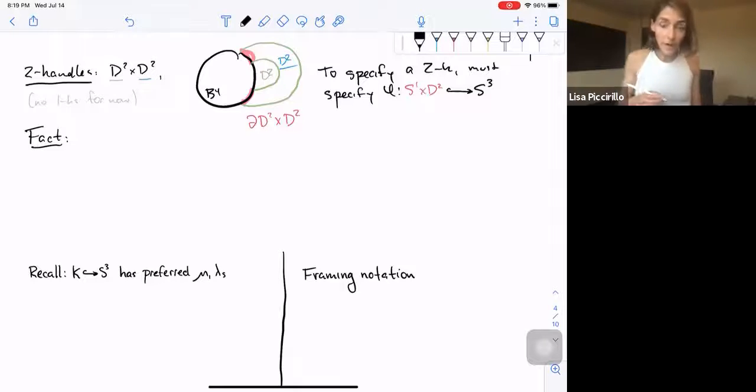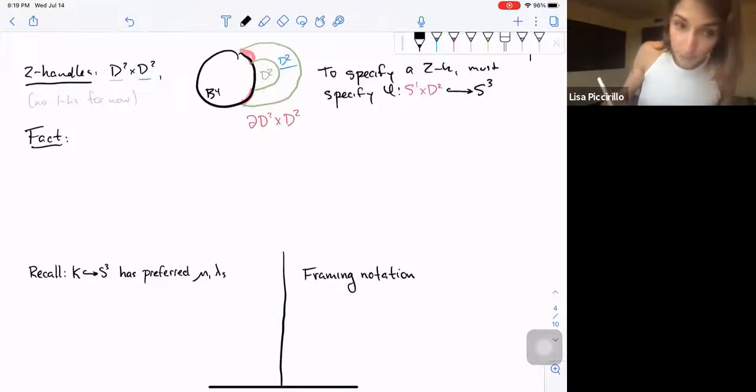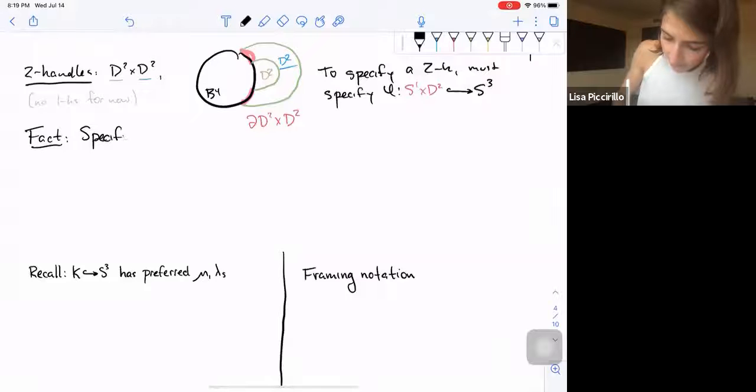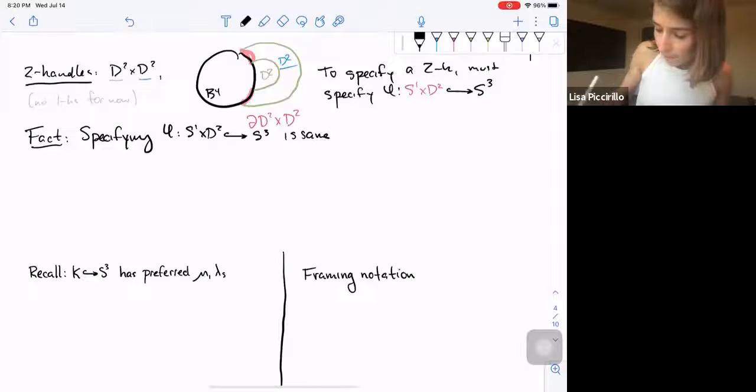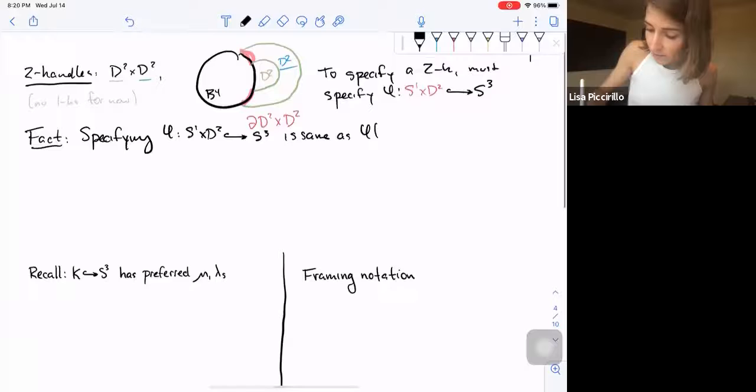This isn't too hard to prove. You could do it if you want to as a sort of advanced exercise. Let me just take the statement for now. And the statement is that specifying a homeomorphism from a solid torus into S3 is the same as specifying what your homeomorphism is going to do to S1 cross 0 and what your homeomorphism is going to do to S1 cross some other point.